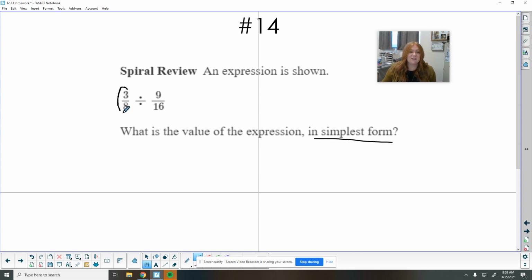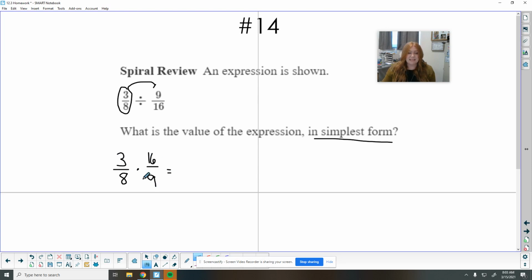So this is what we have to start with. This is how many groups we're cutting it into. So I can do the opposite of divide, which is to multiply by the reciprocal. I can copy the first one, dot, and then flop the second one. And then that problem is much easier to do.